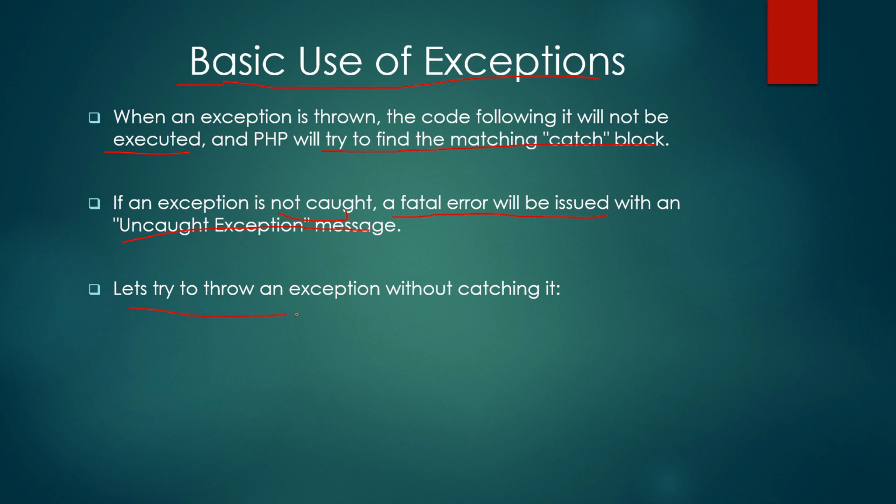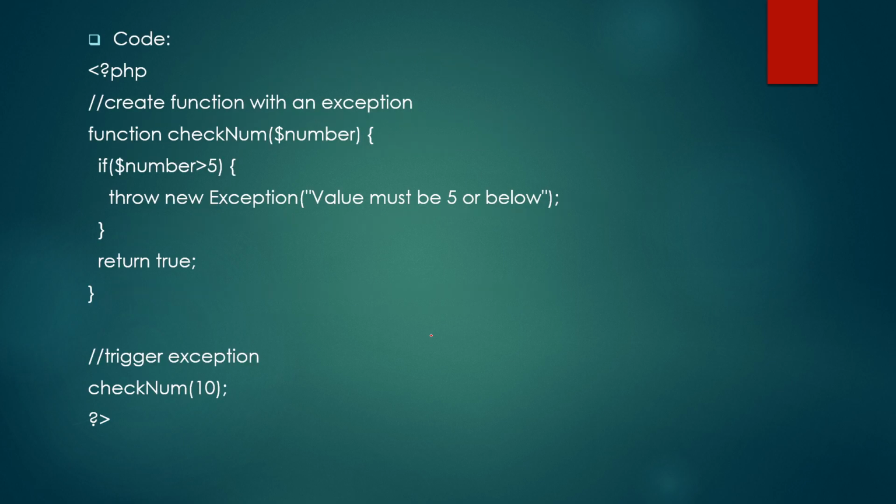Let's try to throw an exception without catching it. First we will see what happens when I throw an exception without catching it. So this is the code for it. Here I have created a function where I think an exception condition can occur. I have a function called checkNum, which takes one integer argument, number.